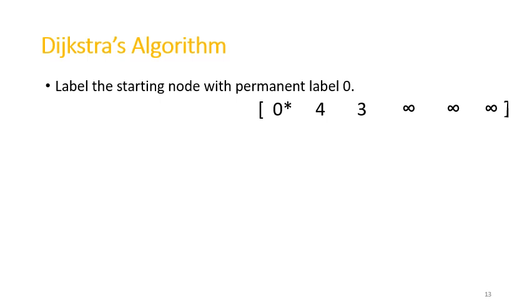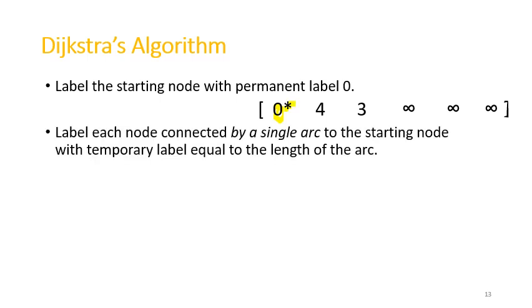Okay, so first the algorithm says that we need to label the starting node with permanent label 0. So this is what we did. We are starting at node 1 and then label is 0 and then we make it permanent with an asterisk. And then it says label each node connected by a single arc to the starting node with temporary label equal to the length of the arc.